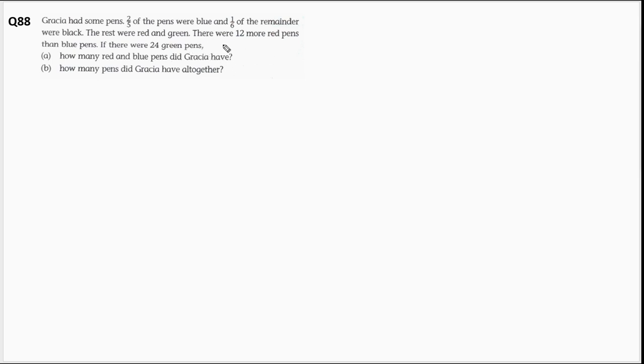Now, I really like this question because it's really only as you draw the model that you realize that, yes, you do have enough information, because at some points you must be thinking, oh no, how am I going to work this out?